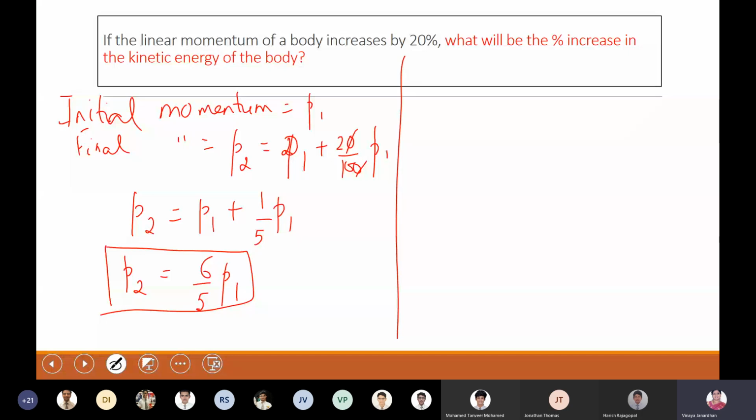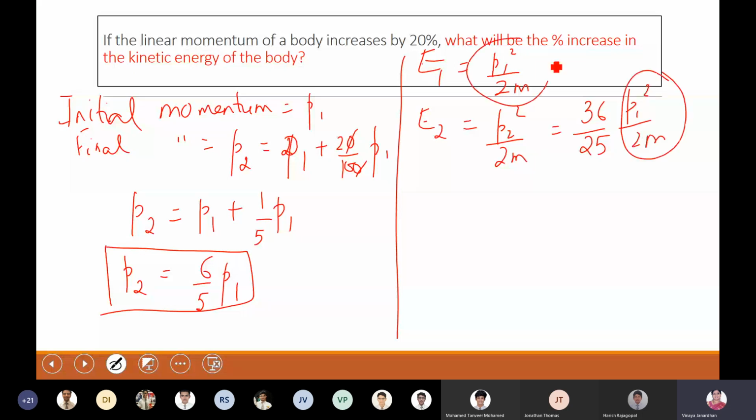Now I'll go for initial kinetic energy. E1 is equal to P1 squared by 2m. E2 will be equal to P2 squared by 2m. So that becomes equal to 36 by 25 times P1 squared by 2m, but P1 squared by 2m is E1.